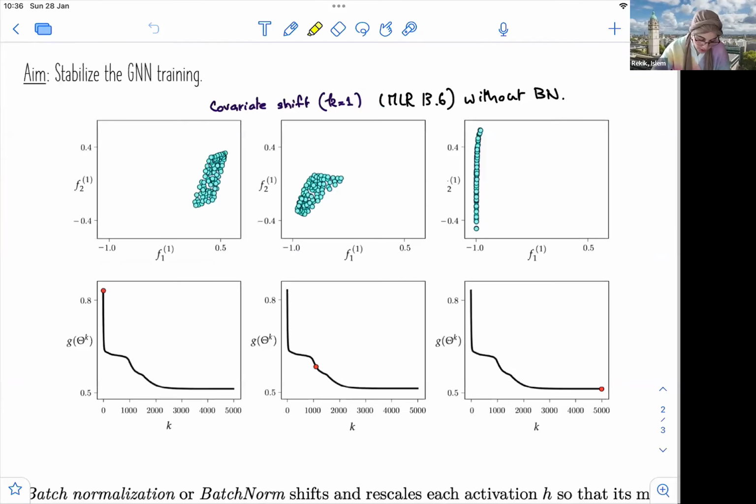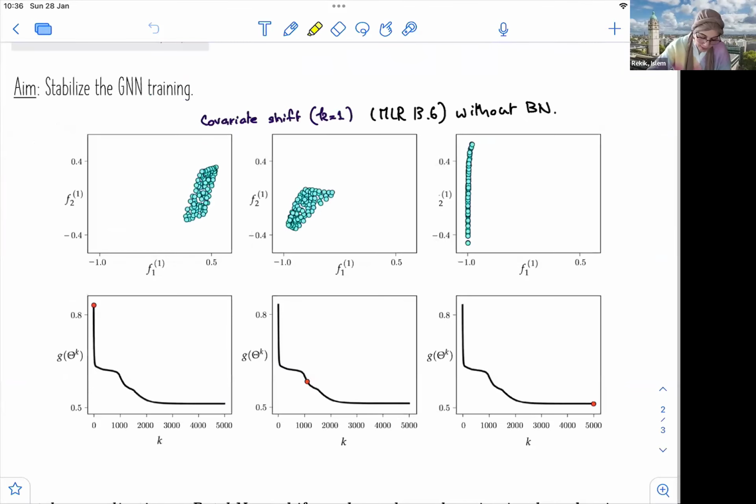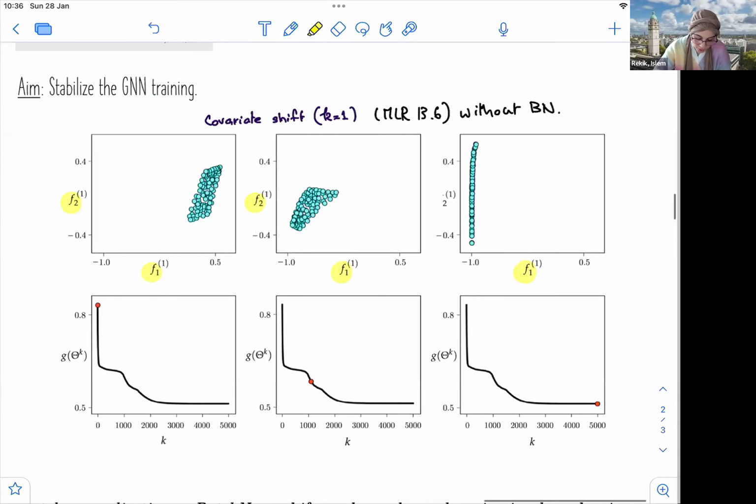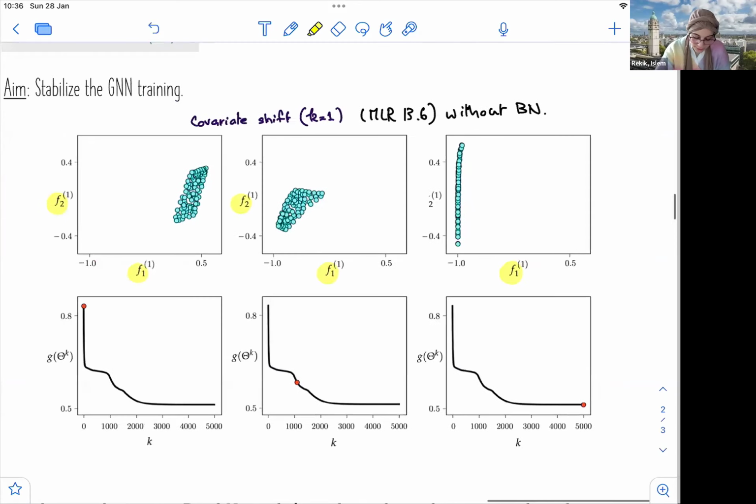So the covariate shift here, if you look at these learned representations or embeddings, okay? So F1 represents the first dimension of our learned vector, the learned representation. And we have also the second dimension here, F2.